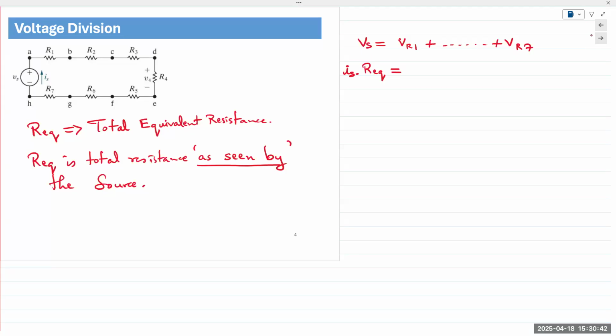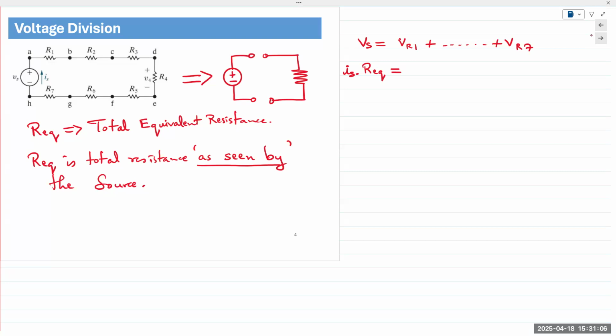And so this circuit reduces to a source, and the source is now removed from the analysis, and you analyze the rest of the circuit without the source being present, just for theoretical analysis purposes.